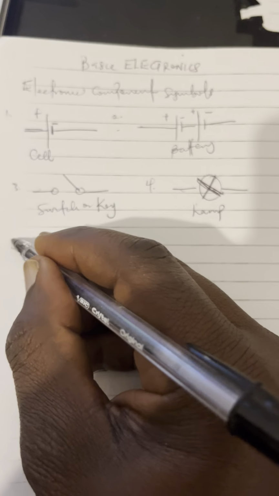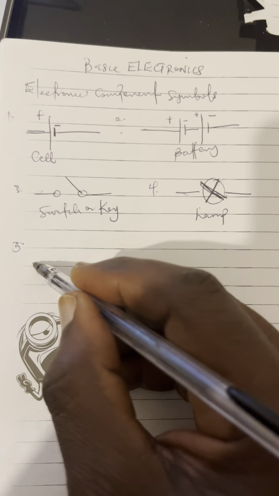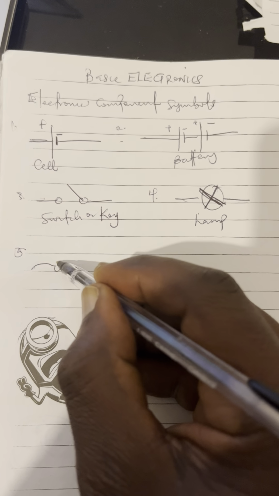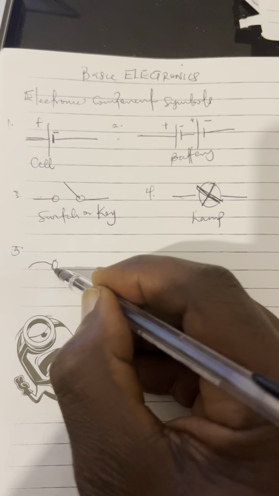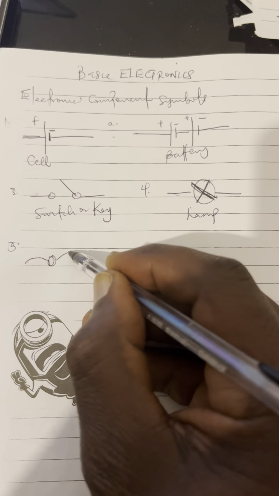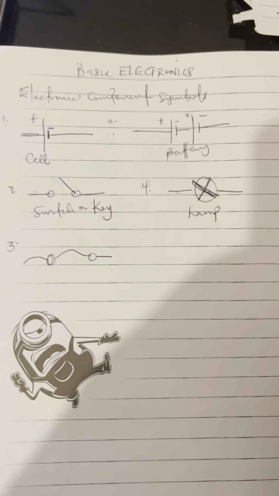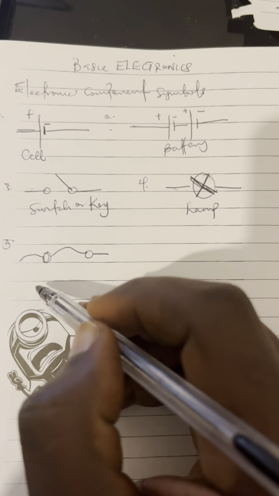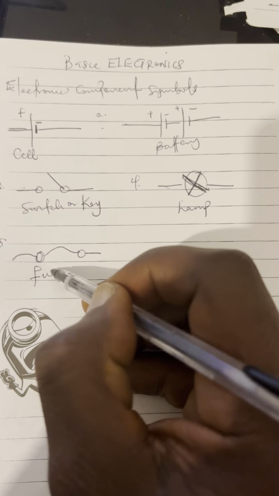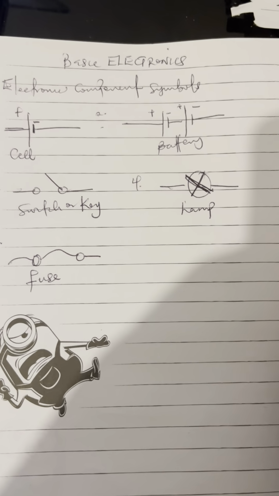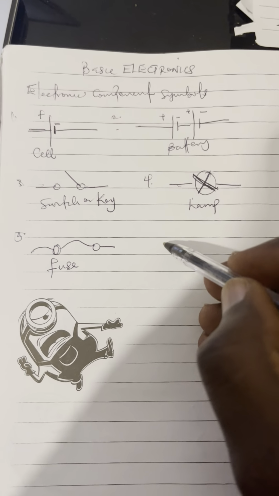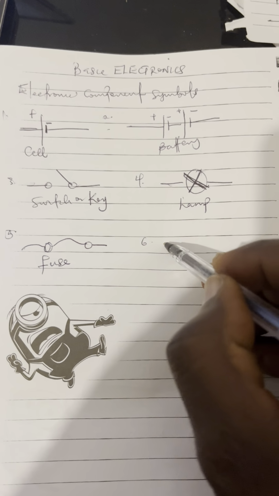Then we do another one. Anytime you see something like this in a circuit, it's the symbol of a fuse. Fuse. So let's take another one.